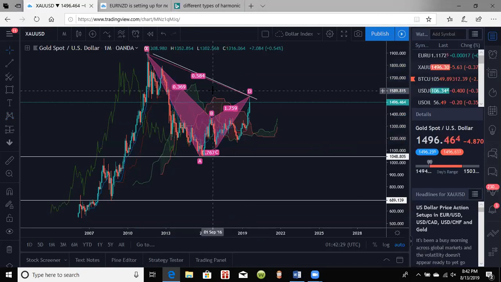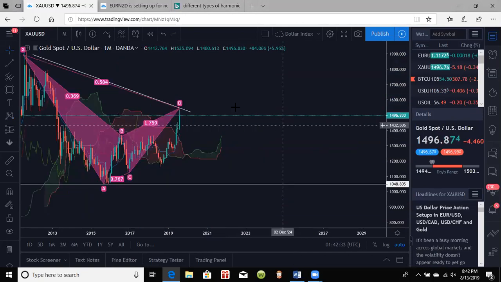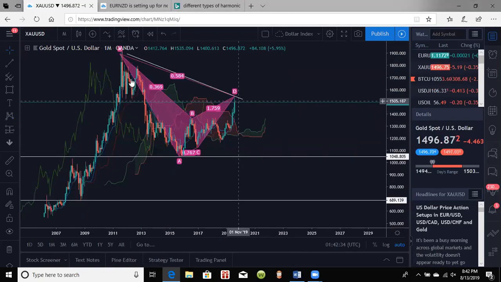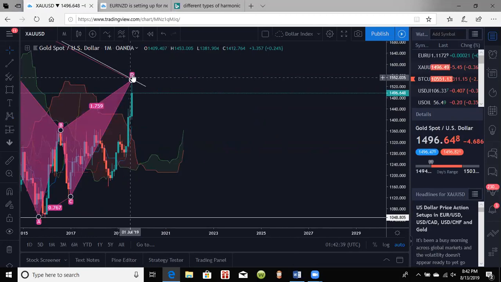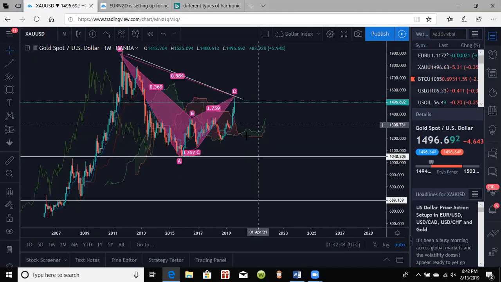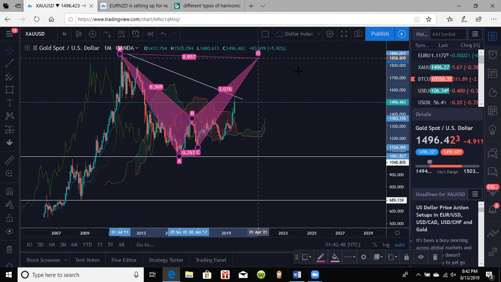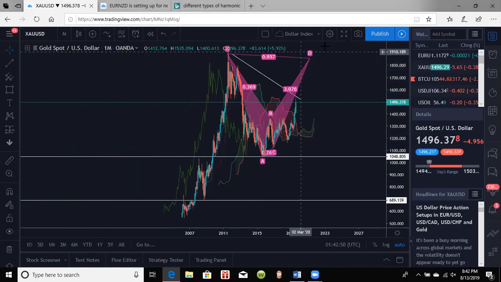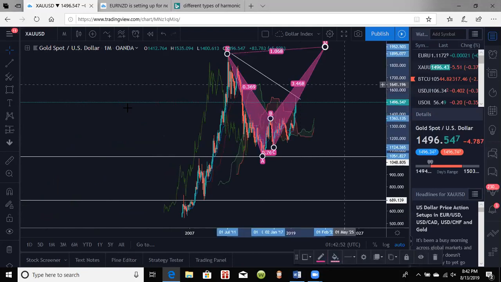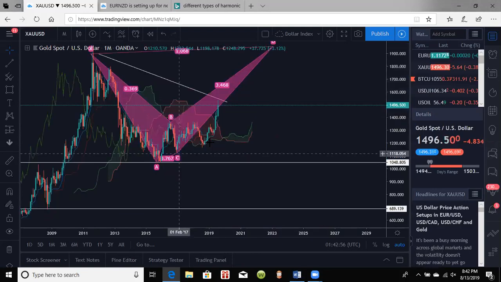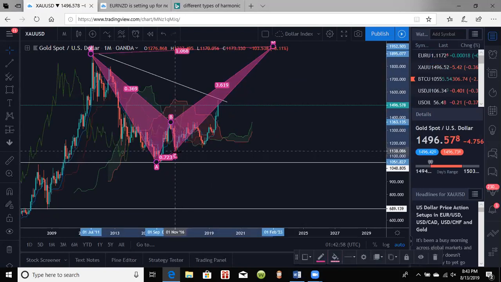So if gold continues, it looks like it bounced off and resisted this line right here, right? And if you look at the cloud, it also looks like it's going into a buy, right? So gold can continue to go up, or just go into a buy, but it's still forming that pattern, because if you look down here, it still looks like a triangle, right? So I would say gold is continuing to a buy, right?